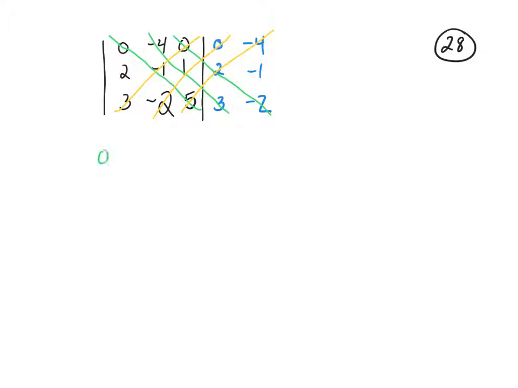So now we're going to do this on the first screen. It's 0 times -1 times 5 plus -4 times 1 times 3, that second spear, plus 0 times 2 times -2. You see all the green spears?